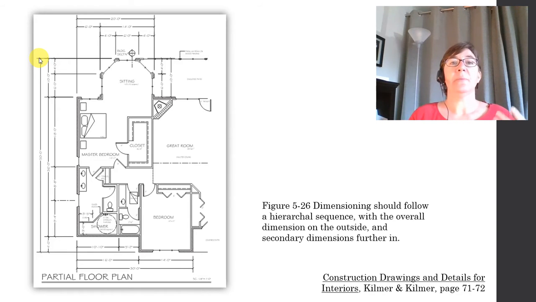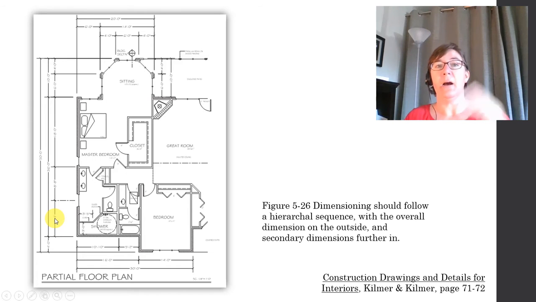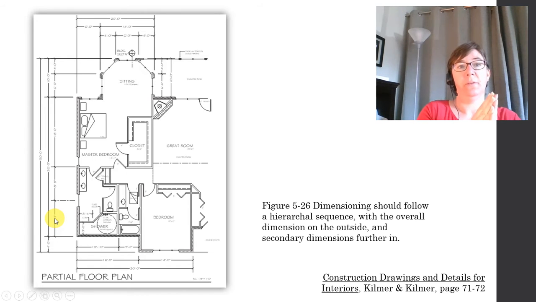And then we've got some secondary dimensions that are calling out intermediate locations in the floor plan, and they're going to be set in the overall dimension. So here's the overall dimension, and then in one rank is a second line of dimensions. Okay, and then in again are even smaller dimensions.